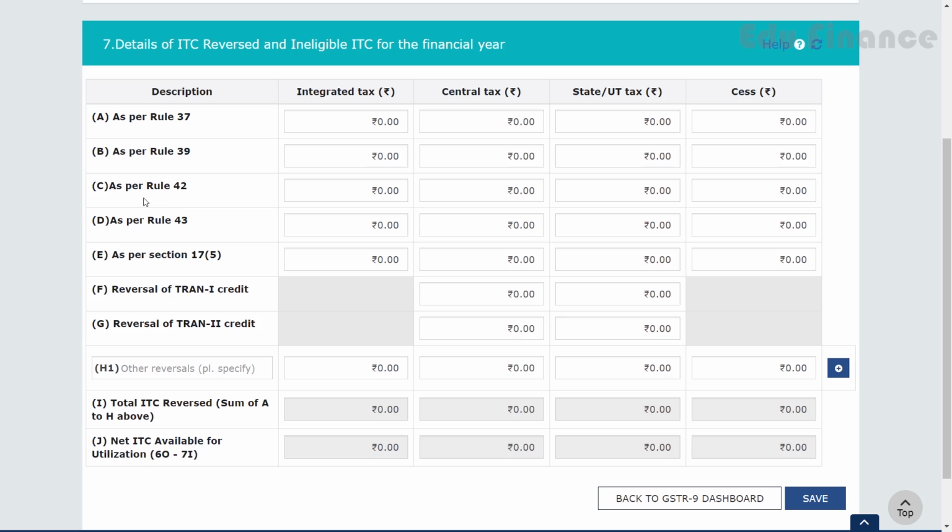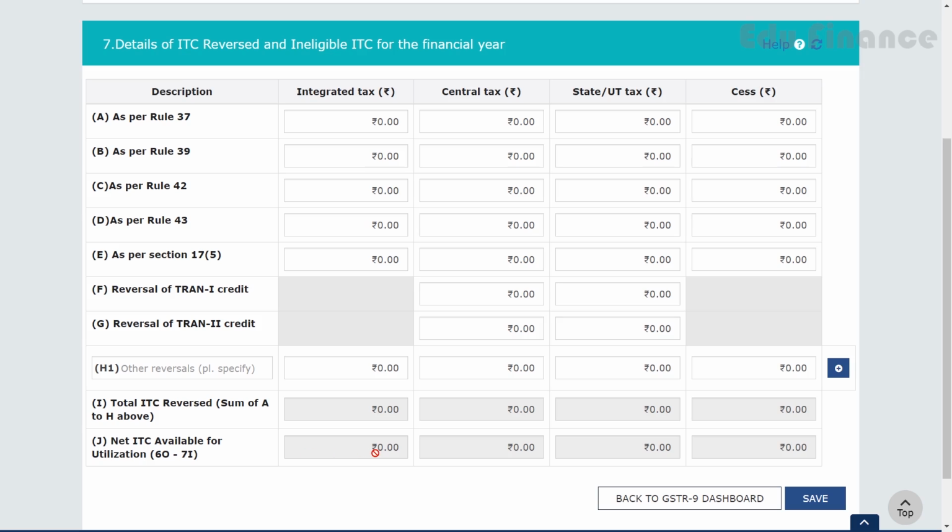Rule 42 talks about reversal of ITC on account of inputs partly used for business purpose and partly used for other purpose, or partly used for effecting taxable supplies and partly used for effecting exempted supplies. Rule 43 talks about reversal of ITC on account of capital goods. And finally, section 17 subsection 5 specifies some of the ITC as blocked credit.